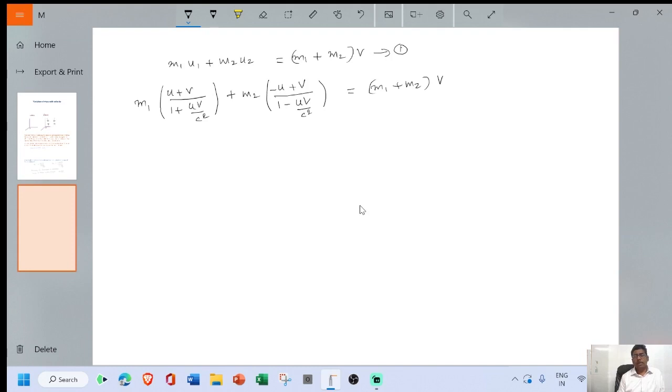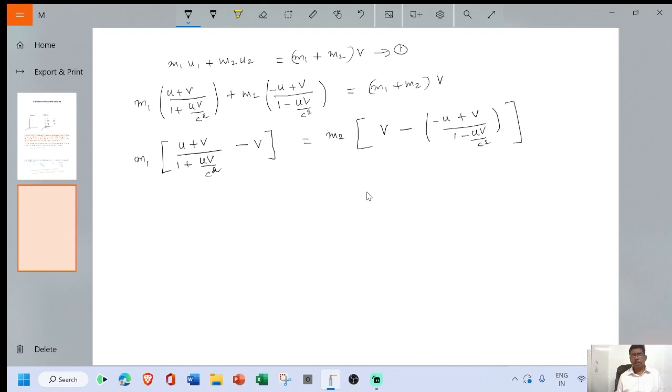Now align the terms m1 into v. Bring this m1 into v to the left hand side. We can write m1 into u plus v whole divided by 1 plus uv by c square minus v. This is equal to m2 into v minus, bring the entire term to the right hand side, minus u plus v whole divided by 1 minus uv by c square.